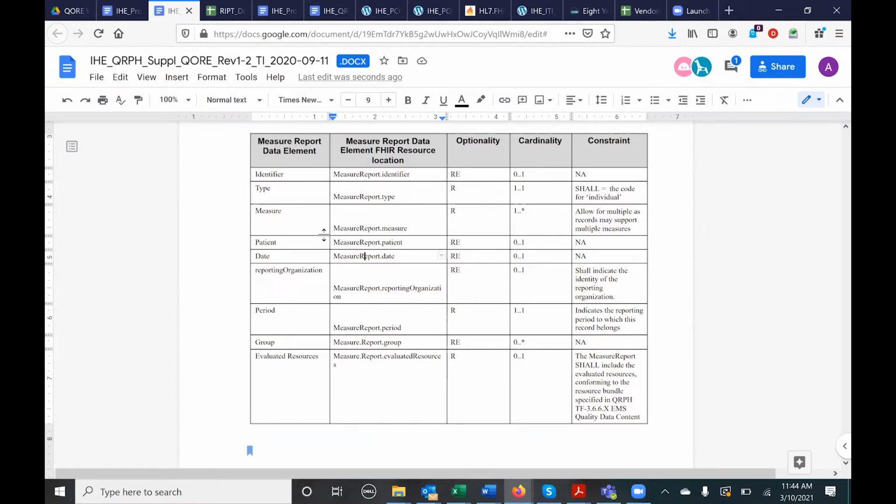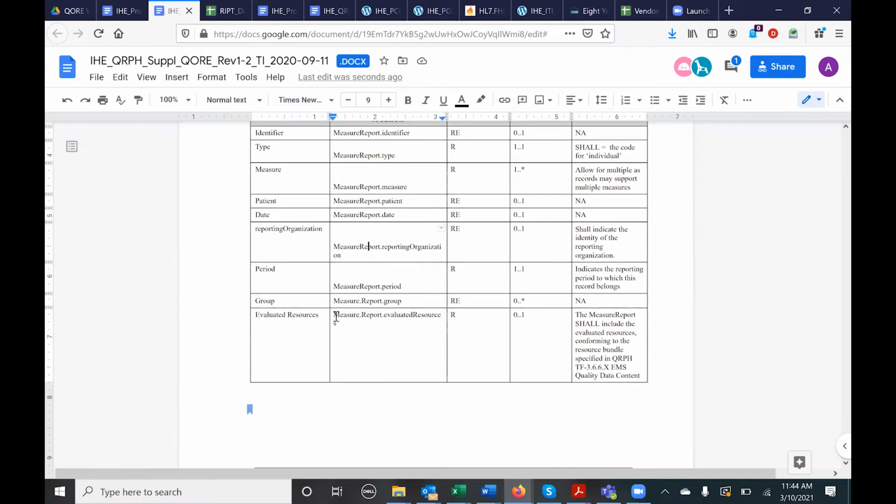So you have your identifier, your measure report type, if there's a type, the measure that you're reporting with, your patient data, and organization group, et cetera, and the evaluated resources. And this is where the bundle of the previous structure definitions and elements will exist.